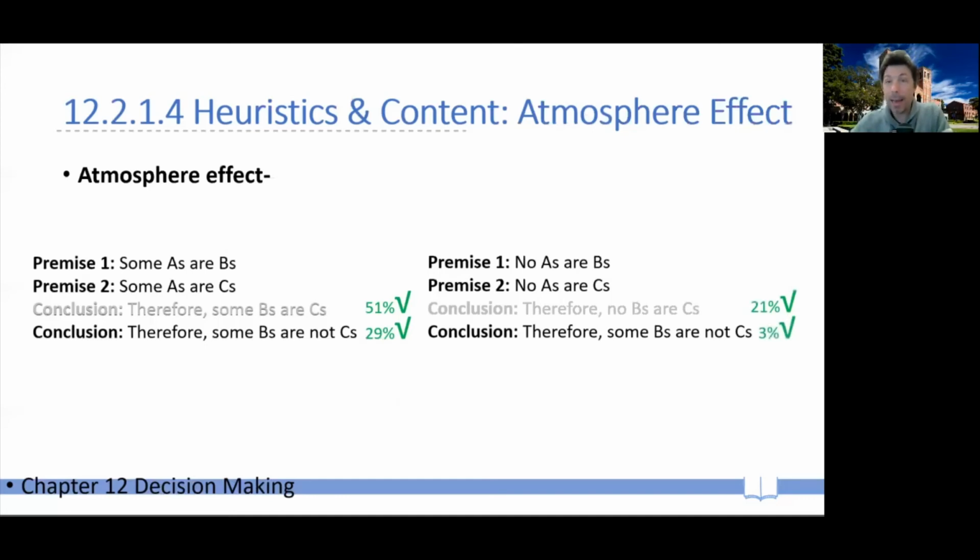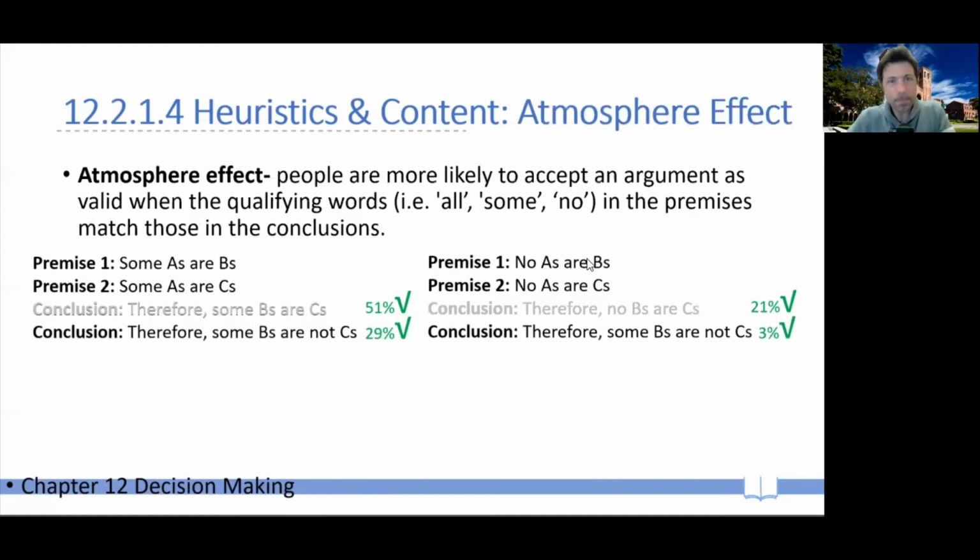And indeed, these two inferences are also invalid. So here the two no premises invite the conclusion to also have a no. When you get a conclusion that matches the premises, and it's a little more complicated than that, but I'll get to it in a second, it makes you want to say, sure, it's a valid conclusion. And this is what we refer to as the atmosphere heuristic.